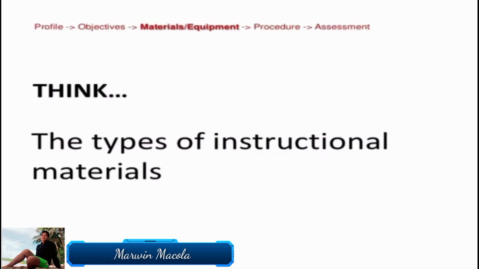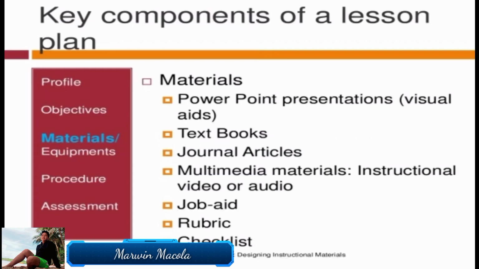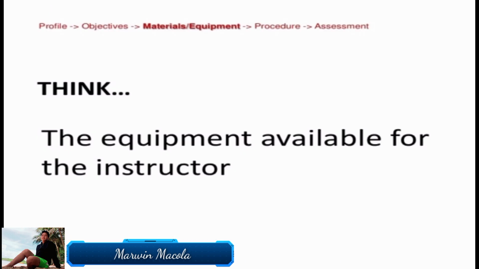Next, let's think about what instructional materials can be used by educators. Materials include PowerPoint presentations or visual aids, textbooks, journal articles, multimedia materials, instructional video or audio, job aids, and rubrics or checklists. Then, let's think about the equipment available for instructors.